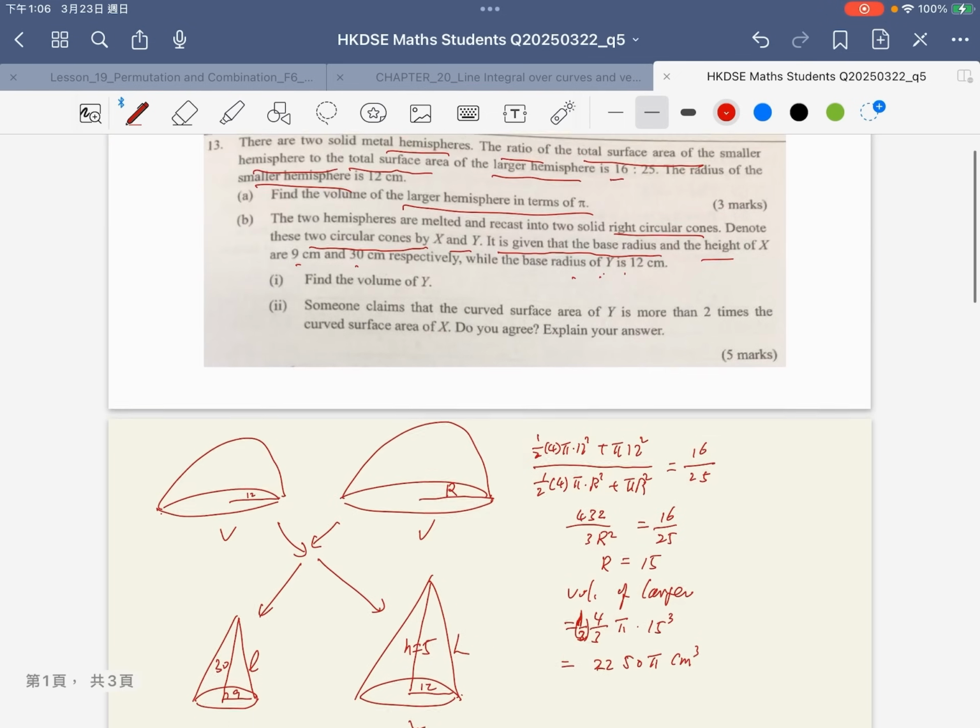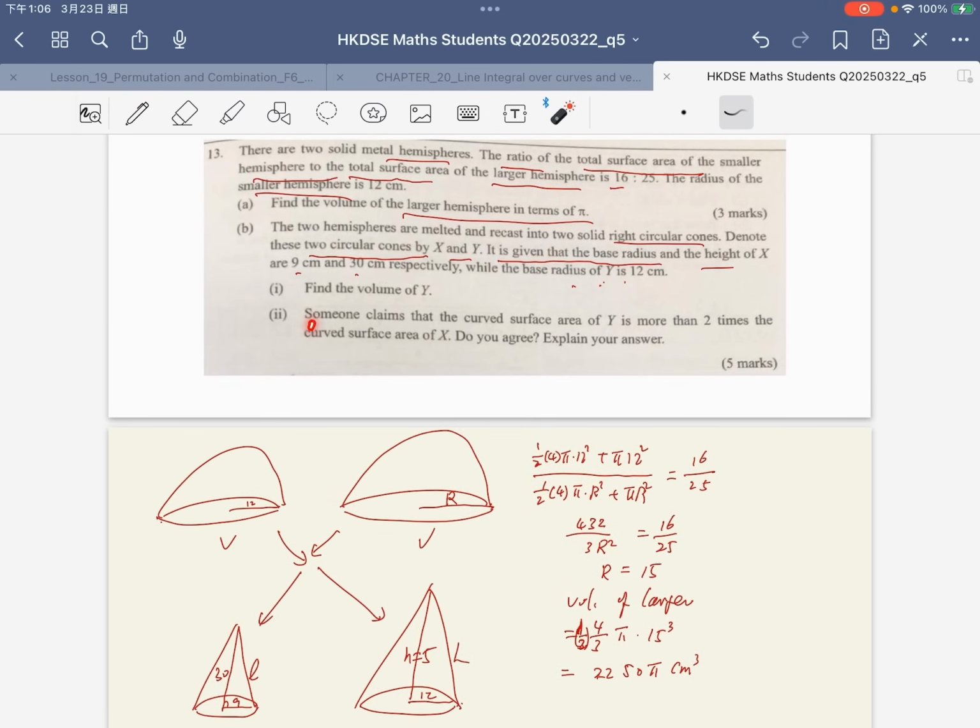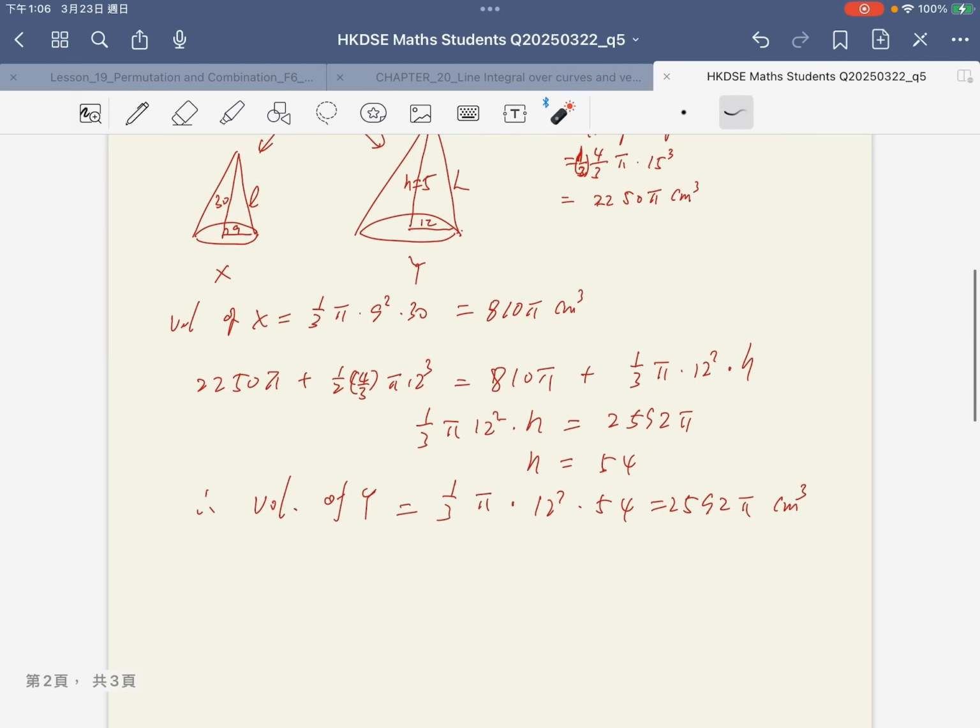I have to calculate the curved surface area, because the second part says that someone claims that the curved surface area of Y is more than 2 times the curved surface area of X. Okay, I first calculate the slant height l, equal to the square root of 30 squared plus 9 squared, which is square root 981.